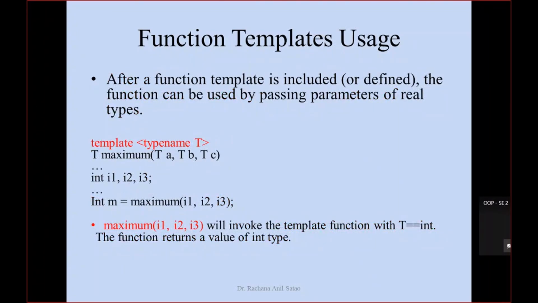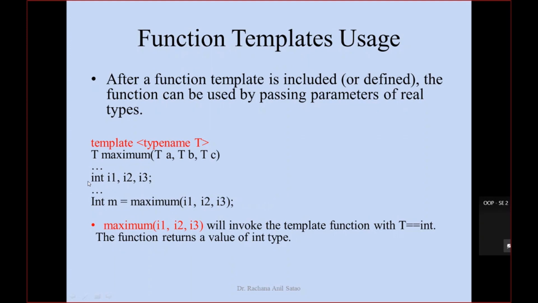Now after a function template is included, the function can be used by passing parameters of real types. You can see here I am declaring a template, typename T, then this maximum function with all the code.